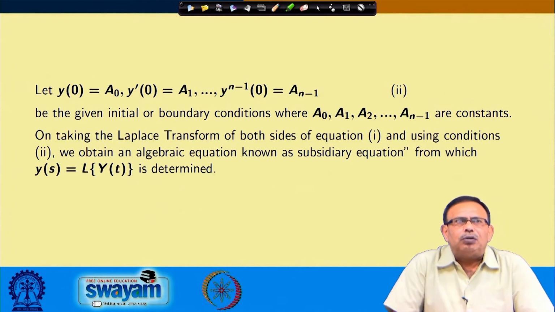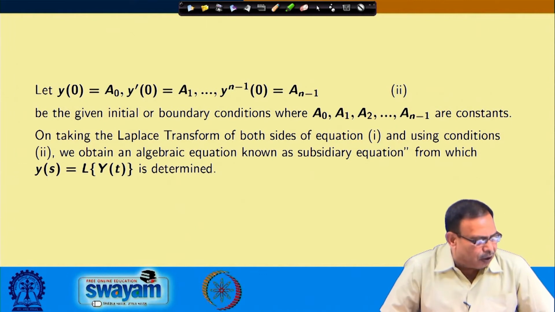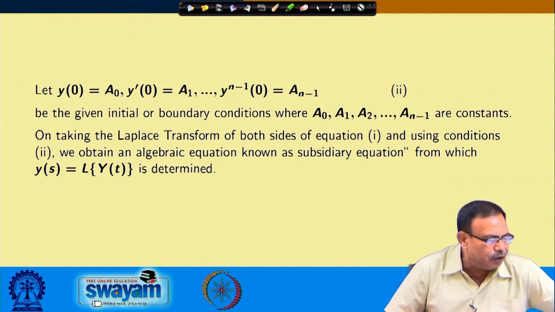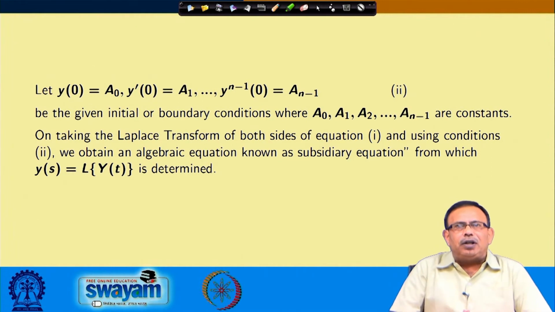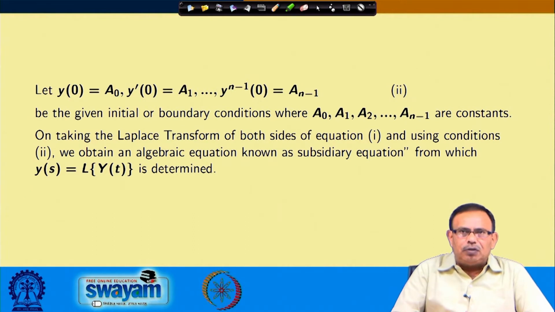What will we do? We will take the Laplace transform on both sides of the given equation. Simply we will take the Laplace transform of both sides of equation 1, that is the ordinary differential equation, use the initial or boundary conditions 2, and using this we will obtain an algebraic equation known as the subsidiary equation, and from that subsidiary equation I can find a solution in the form Y(s) equals Laplace transform of y(t).